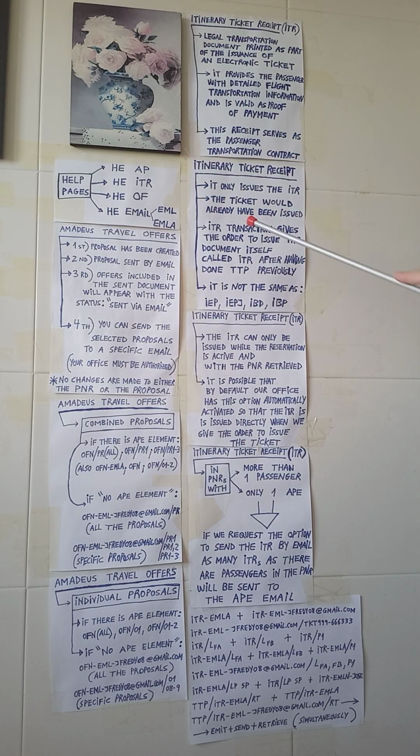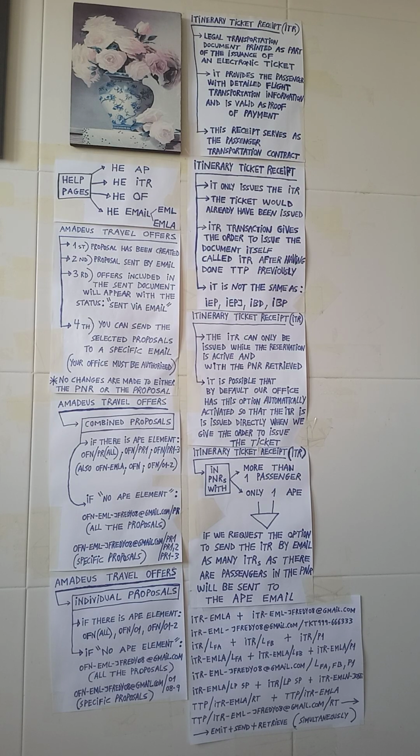The following paragraph, the big one, this one, refers to the phrase I talk about at the beginning of this page. It means the small one, this one. That is, the transactions which have the ITR code after the slash that comes after TTP are used to issue the document called ITR.